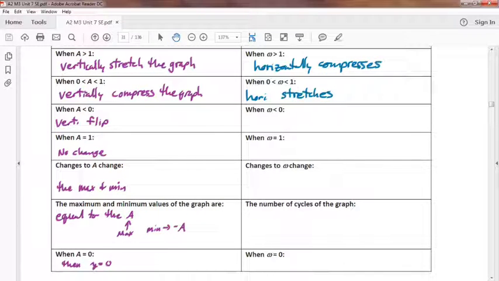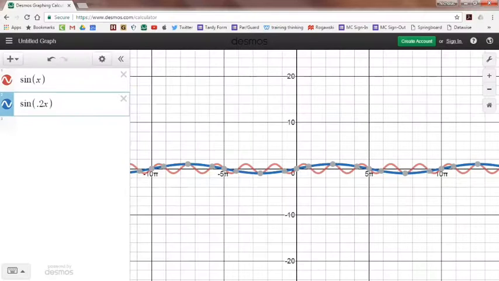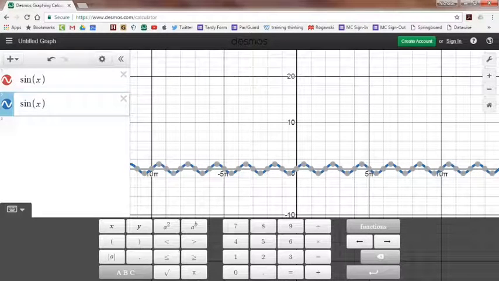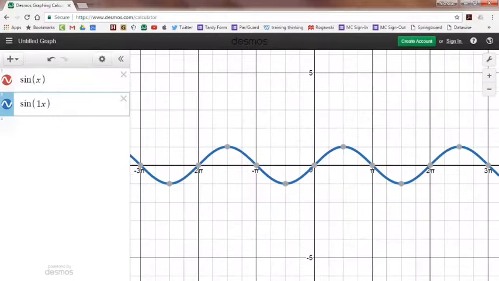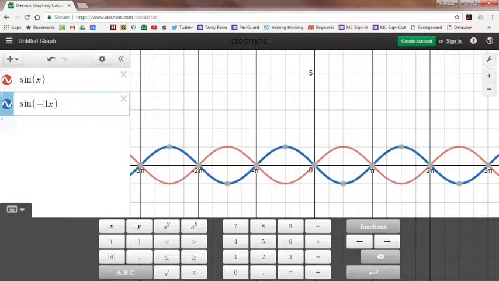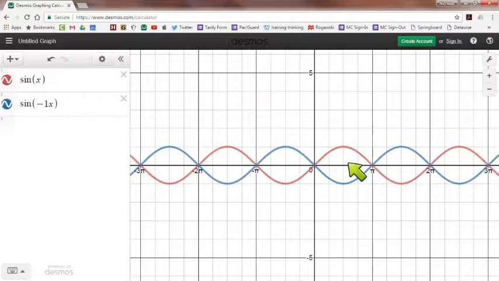Let's see. I'm going to change this back to just a 1. And then let's change it to a negative 1. What happens? It looks like it vertically flips, just like before, right?